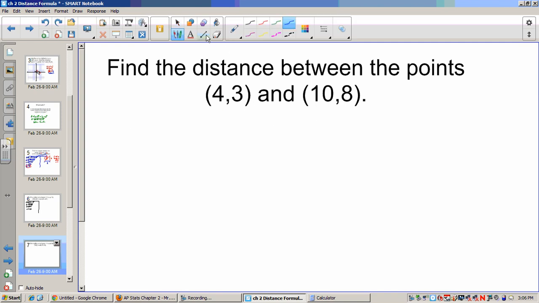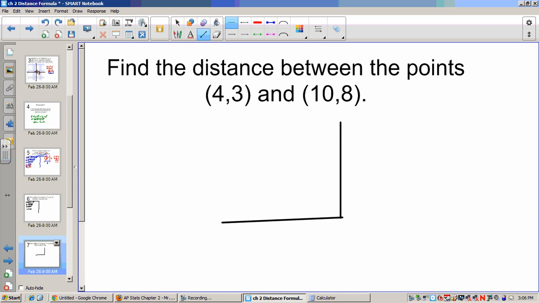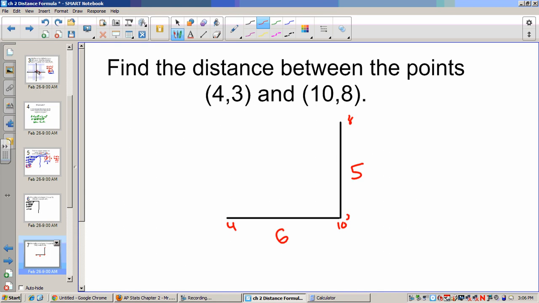All right, last time I used the distance formula, now I'm going to do the triangle method. Between 4 and 10, that goes up 6. And between 3 and 8, that goes up 5.